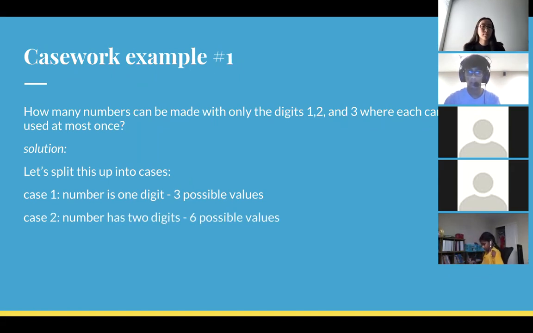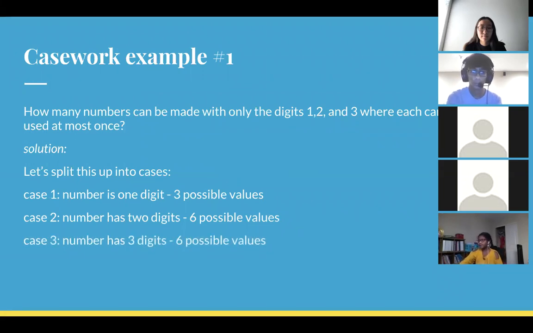If we count this, we have 6 possible 2-digit numbers: 12, 13, 23, 32, 31, and 21. So there are 6 possible values there. The last case is the number has 3 digits, and there are 6 possible values again.